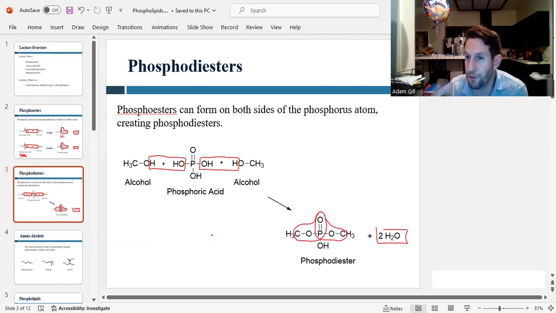Since it's two phosphoesters connected to the same phosphorus, we call it a phosphodiester because there's two of them. So, phosphoester or phosphodiester. This functional group is not talked about in your book, but this is the name of it, and you're going to be seeing it a lot. So I thought it made sense to go back and fill in this missing void where they didn't talk about it in chapter 12.